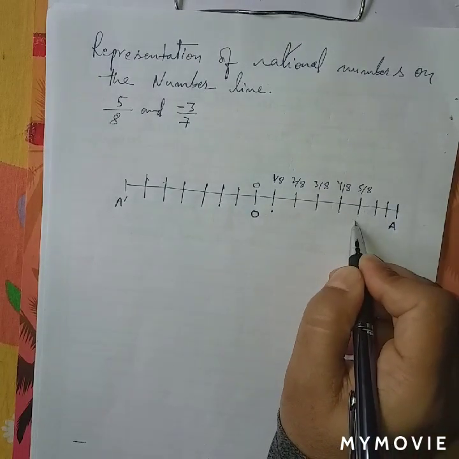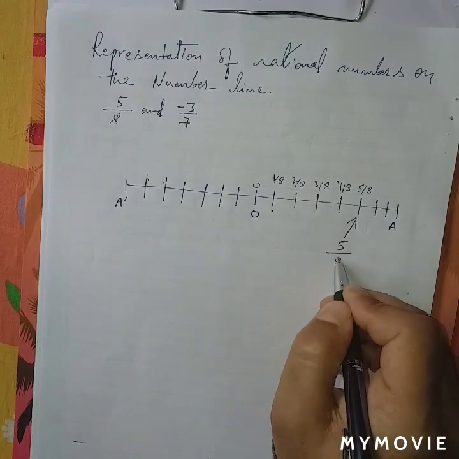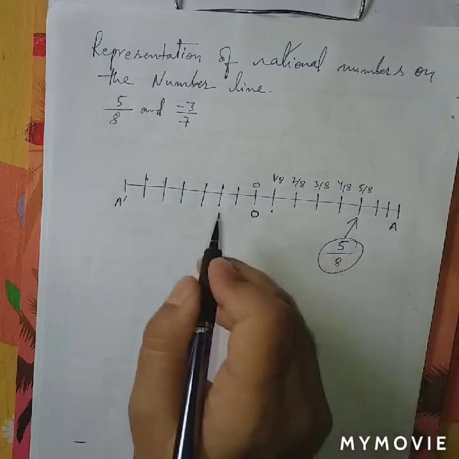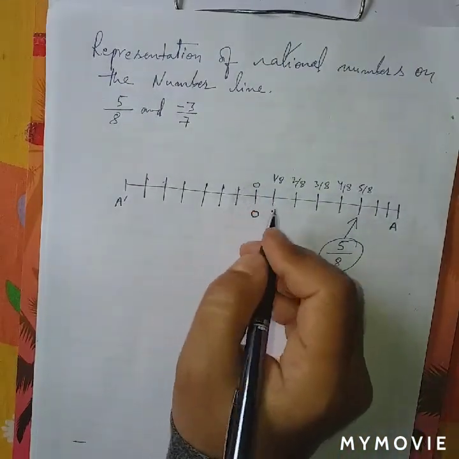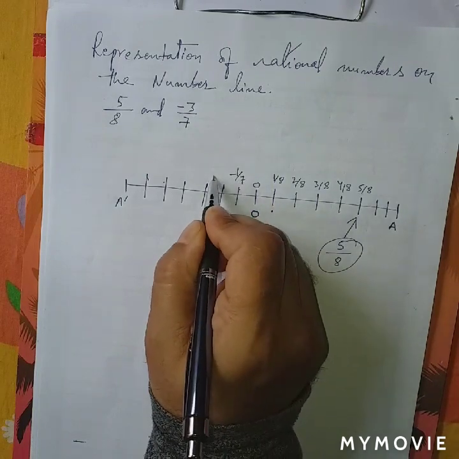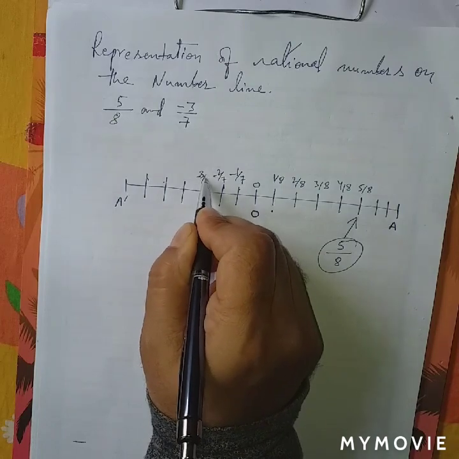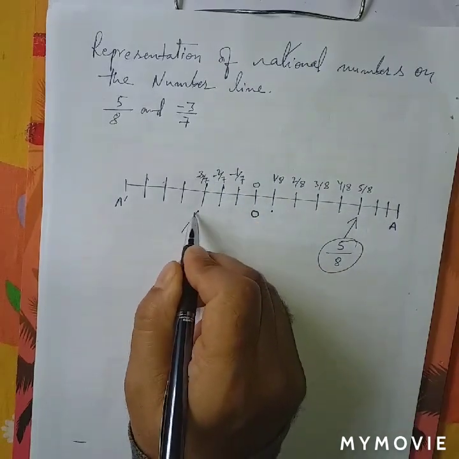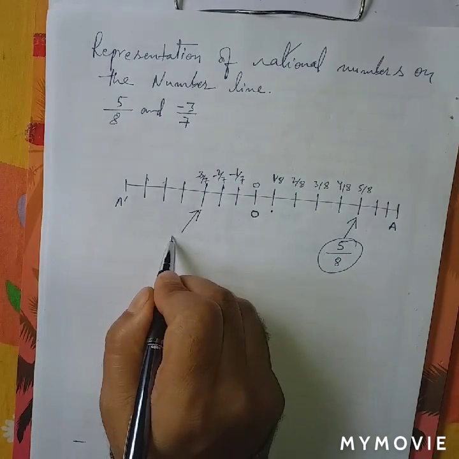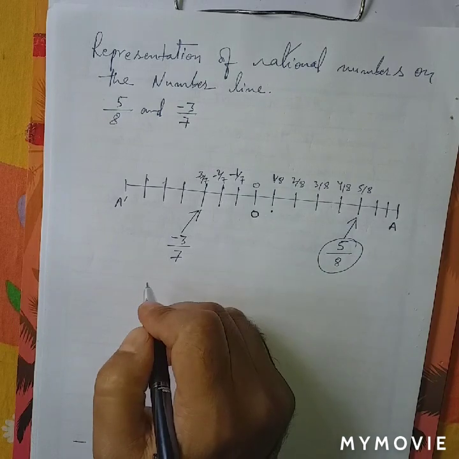So this is the fraction 5 by 8 on the number line, and this one is minus 1 by 7, minus 2 by 7, this is minus 3 by 7. So this is the number on the number line, minus 3 by 7.